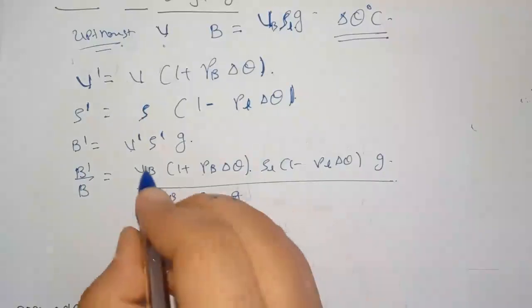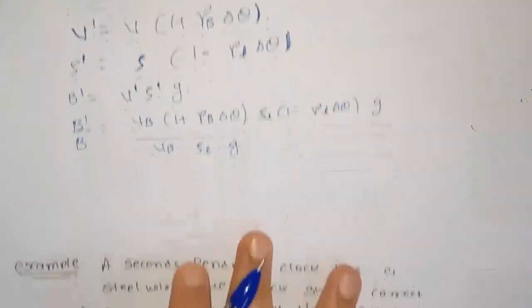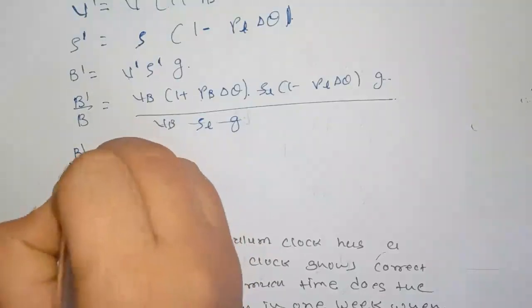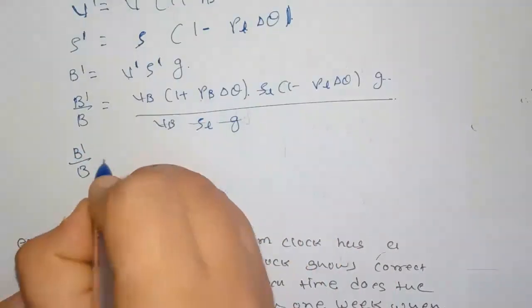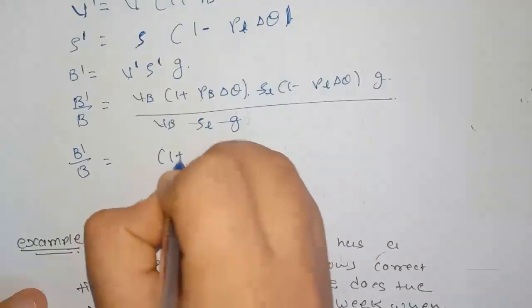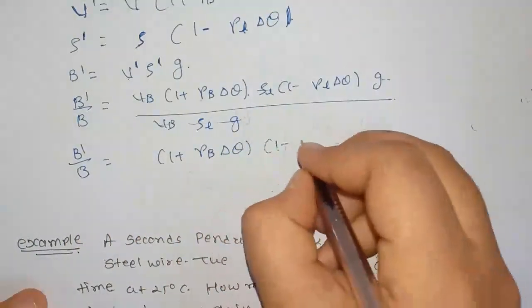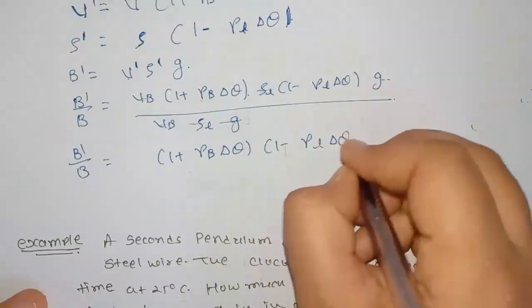This will get cancelled out. So B dash upon B will be equal to (1 plus gamma B delta theta) into (1 minus gamma L delta theta).